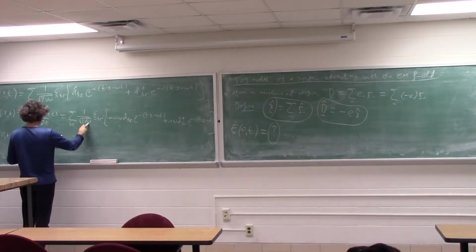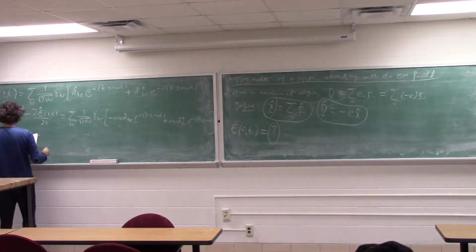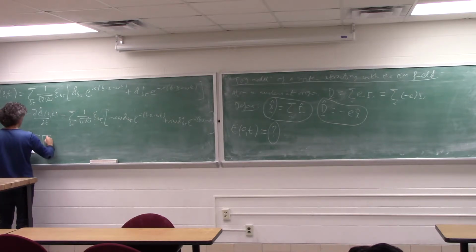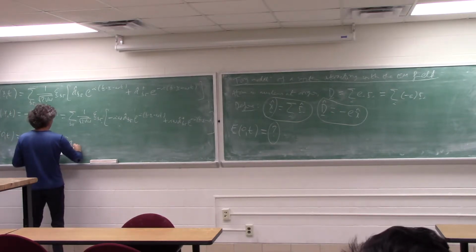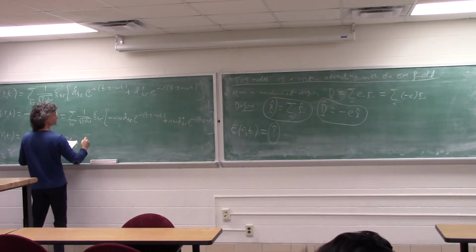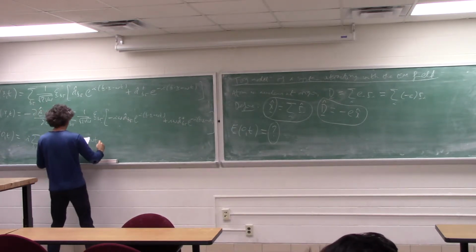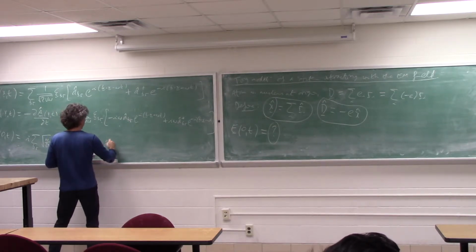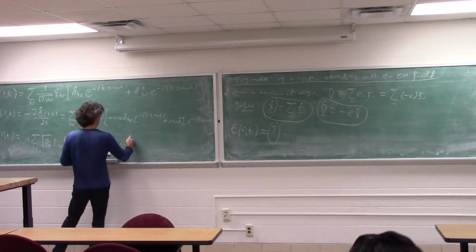So I have a root omega at the top. So I can write it like this. I've got the square root of omega over 2V epsilon_k,lambda, a_k,lambda e to the minus i omega t minus a hat dagger_k,lambda e to the i omega t.